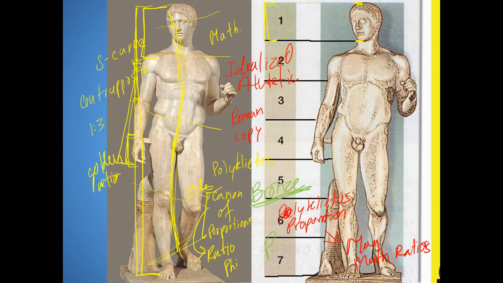And interestingly enough, once again, this goes back to something we said before, the same ratios that he's actually using here would be ratios that they would use in buildings, in architecture. So, for example, the number of columns that were used on one side of a building would be a ratio to the number of columns used on the other side.